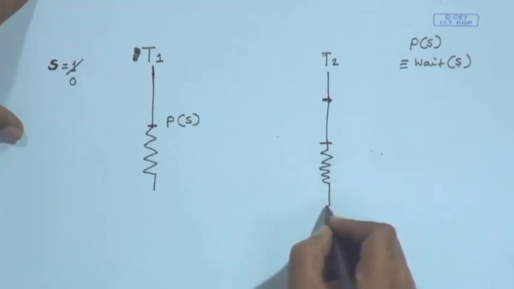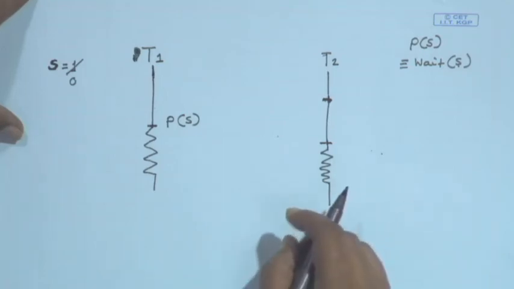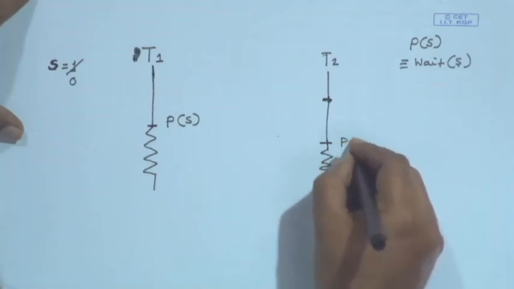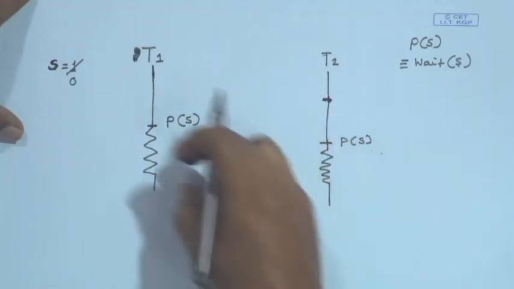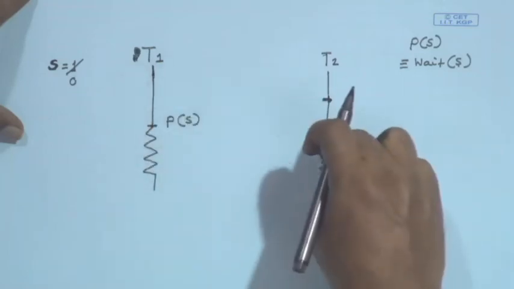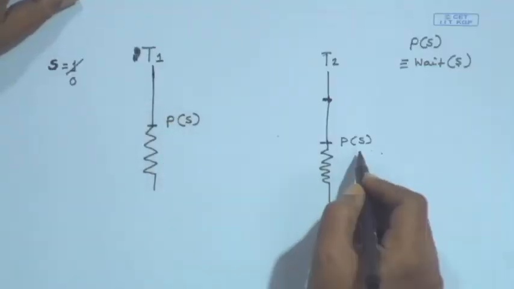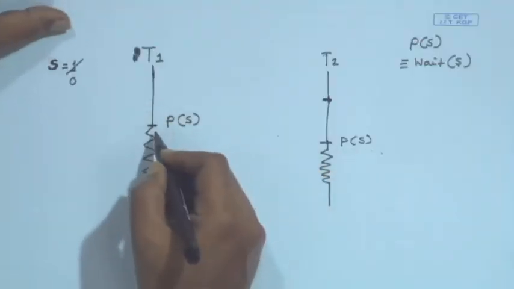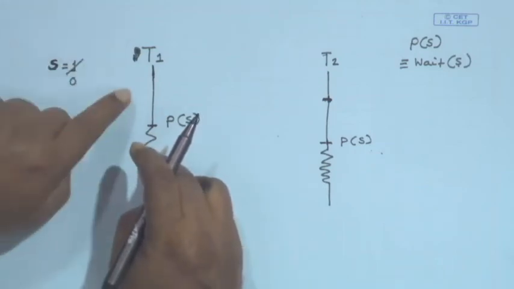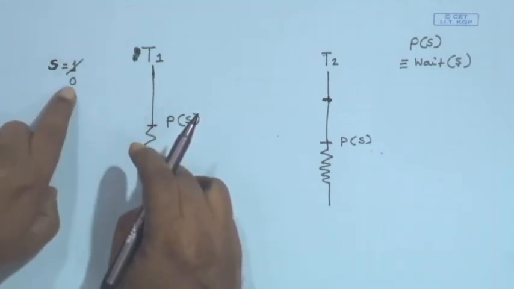It wants to access the same resource, and it tries to do a PS, because this piece of code is protected or gated by the safety valve, semaphore S. All right. But the resource is already occupied by T1, therefore the value of S is 0.